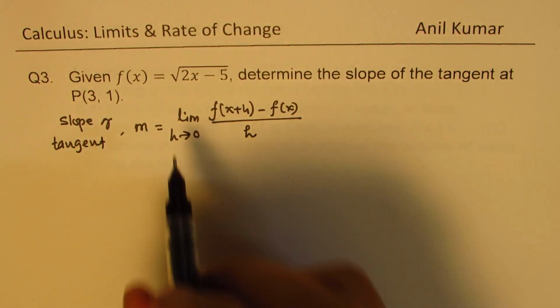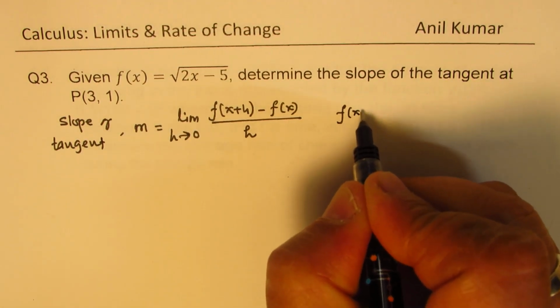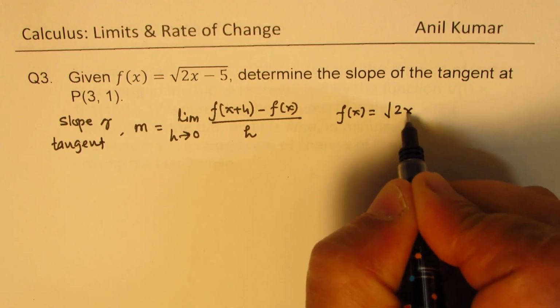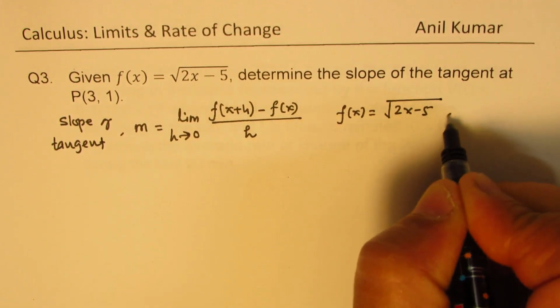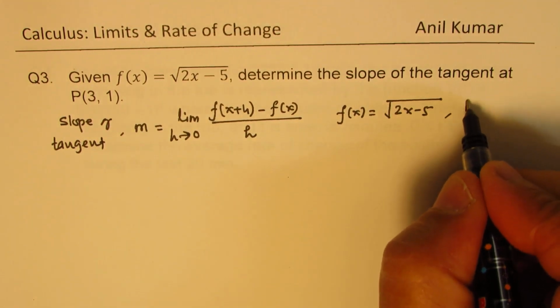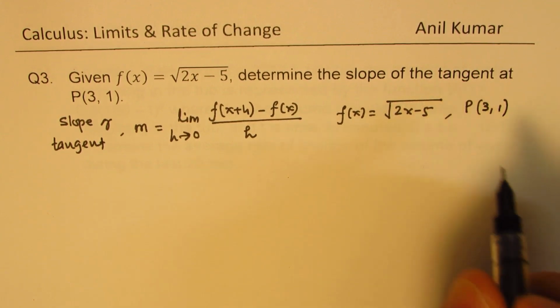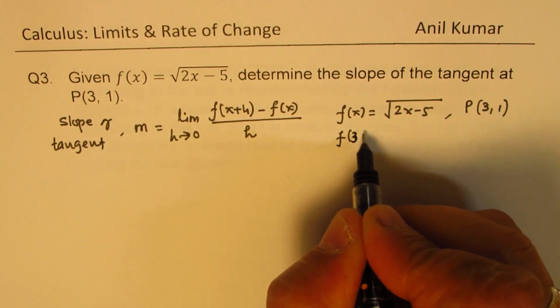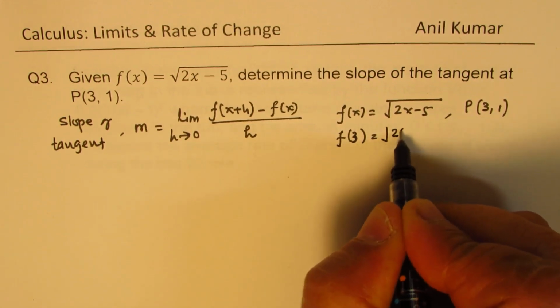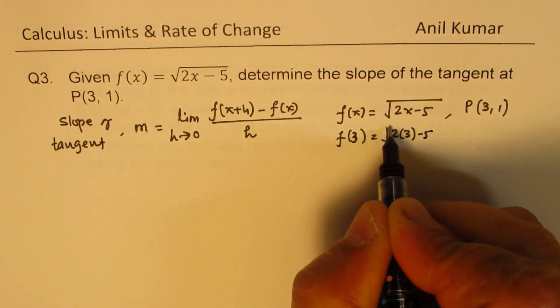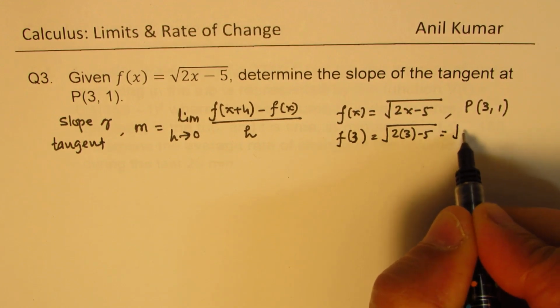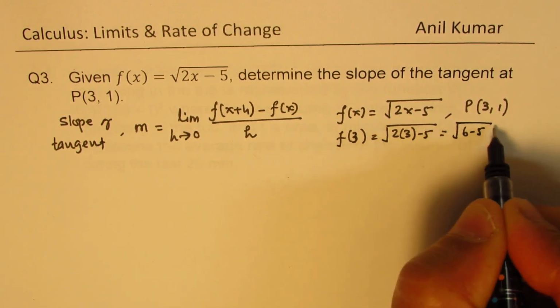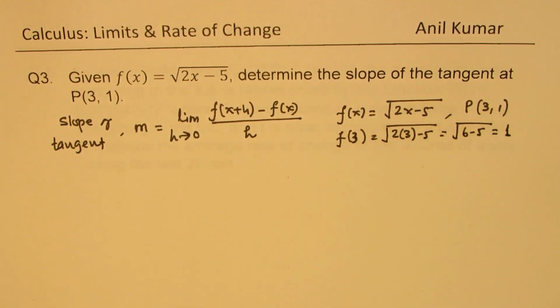Correct? In our case, we are given the function f of x as square root of 2x minus 5. The point here is 3, 1, right? You will notice that if I substitute here 3, what do I get? I get square root of 2 times 3 minus 5, which is square root of 6 minus 5, which is equal to 1, right? So that is correct. Is it clear to you?